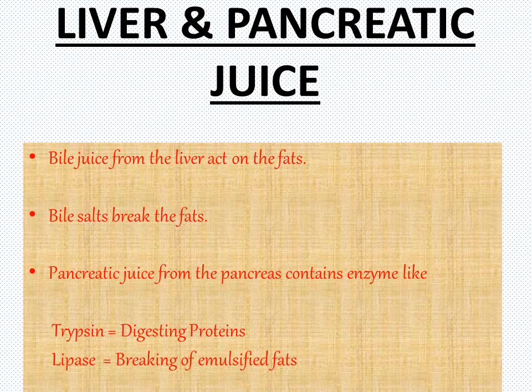Now the fats are large globules, and fats need to be broken down. So bile juice, which comes from the liver, acts on the fats basically. It breaks the fats so that they can be digested or absorbed.